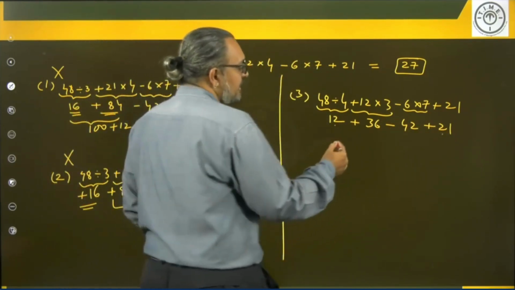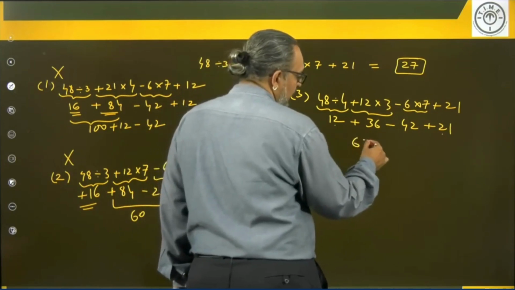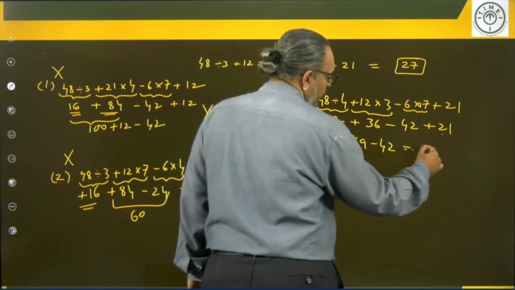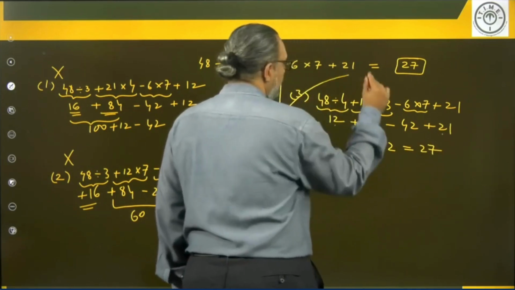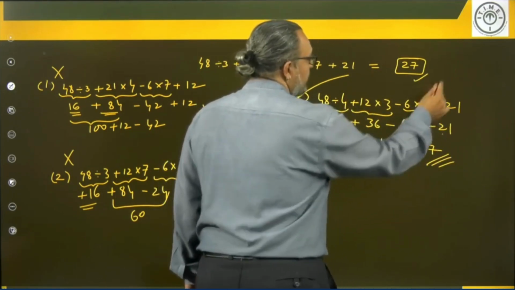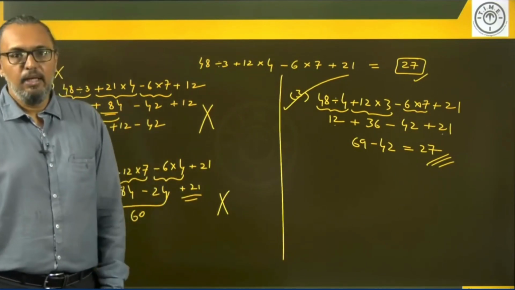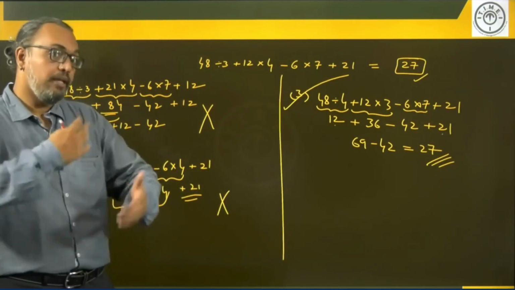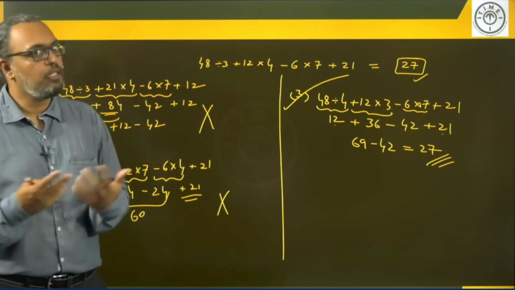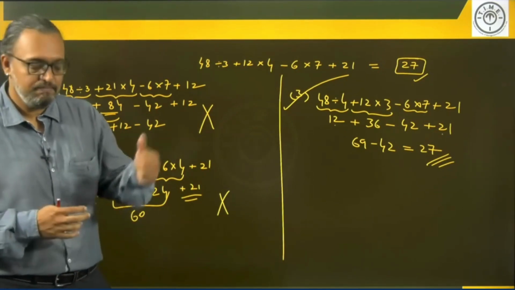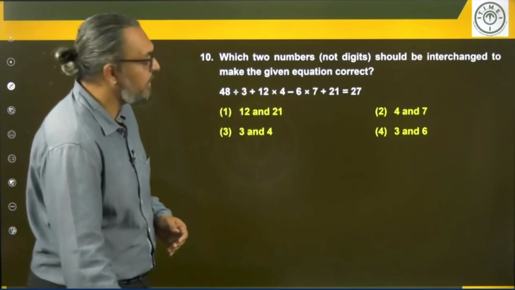Now, 36 and 33 is 69. Now, 69 minus 42, obviously you are going to get 27 and that is precisely what I am looking for. So, if the numbers are close by, you take the complete calculation and then check, but otherwise you do not need to. So, choice 3 for this.